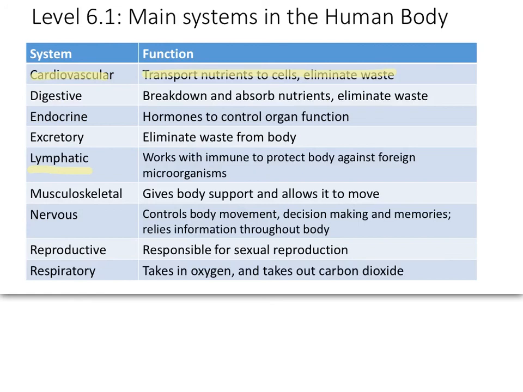That's basically muscles and skeletons combined together. They give the body support and allow us to move. We have then our nervous system, which controls body movement. Again, this is like the telecommunication system of the body. We get messages, the brain processes these messages, and then actions are done.